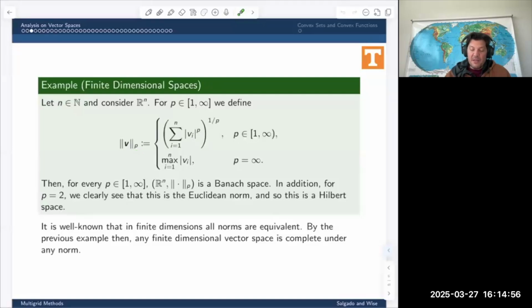So if p is between 1 and infinity, not inclusive of infinity, then the way to do that is to sum from 1 to n the absolute value of vi raised to the p power. Now, if this is the complex vector space of dimension n, then this would be the modulus.